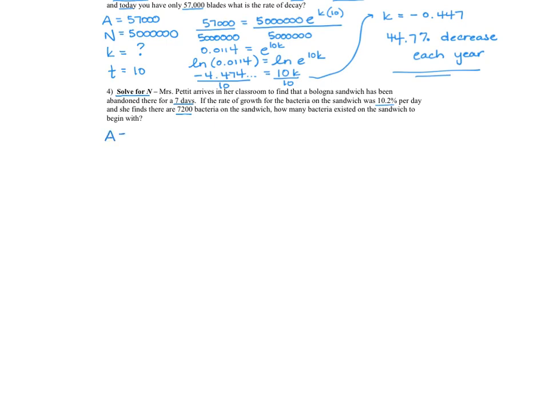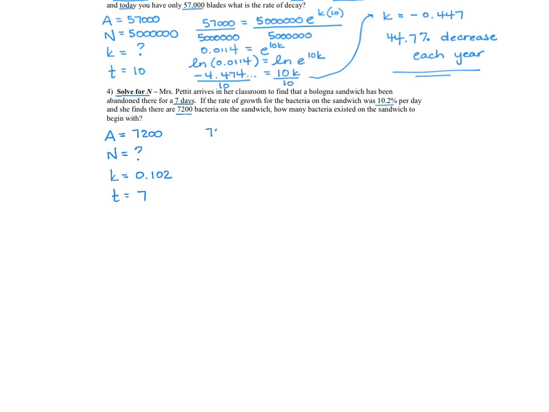So we're looking for that starting value if we know we end with 7,200. Our k value will be 0.102 and our time is 7 days.